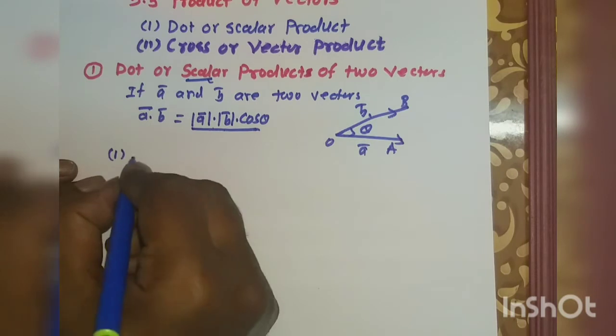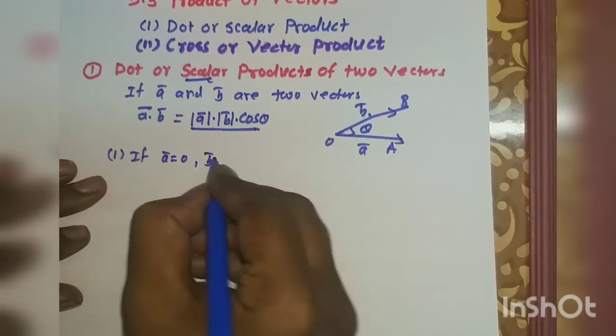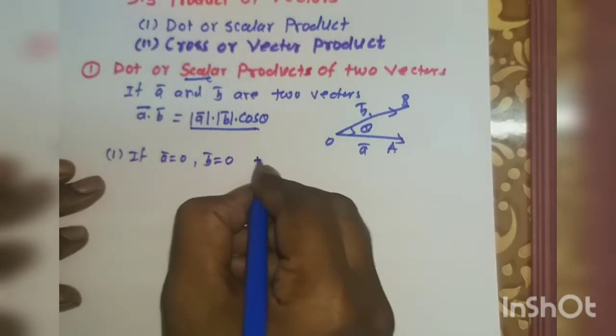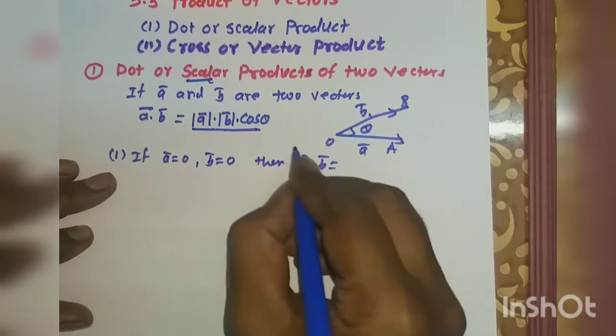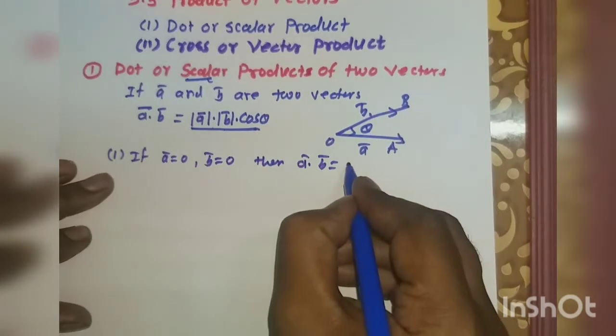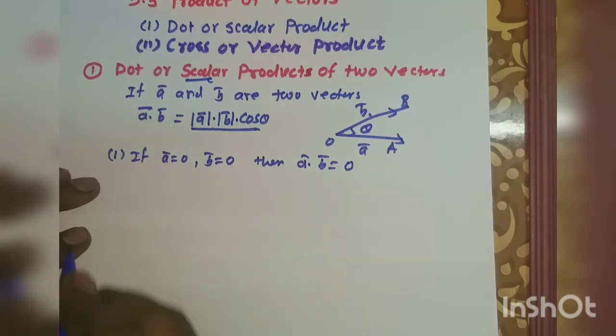The first is if a bar is equal to 0 and b bar is equal to 0, then a bar dot b bar is equal to the magnitude of these two vectors, which is 0. Its value is 0. That is the first case.